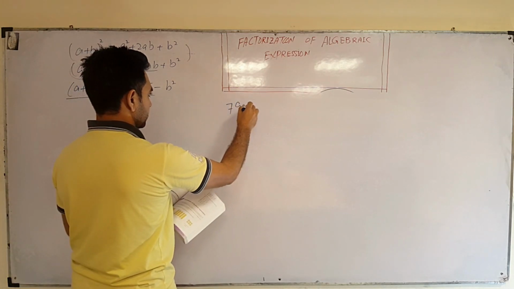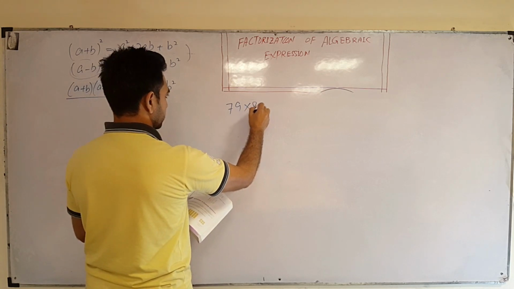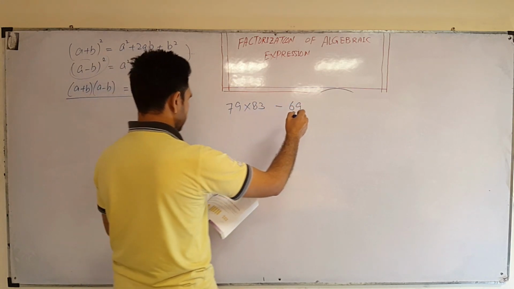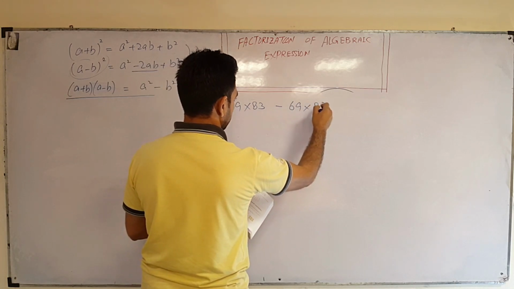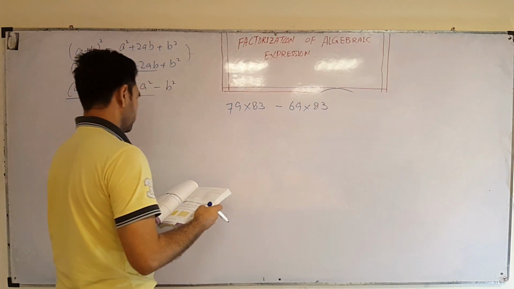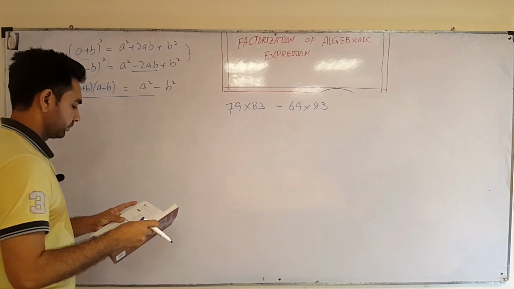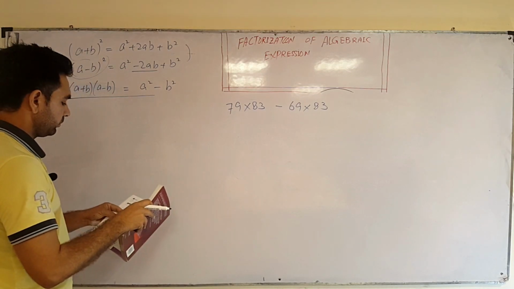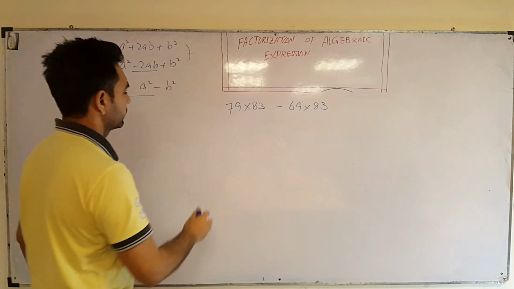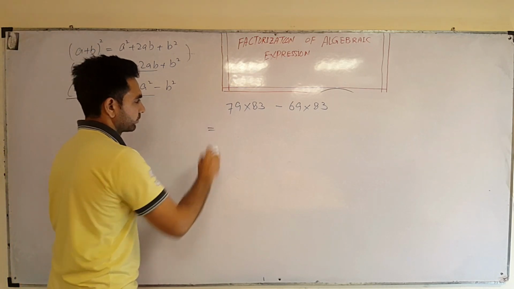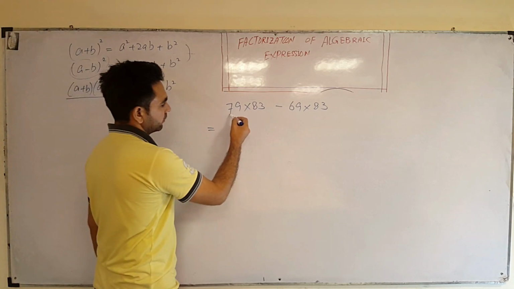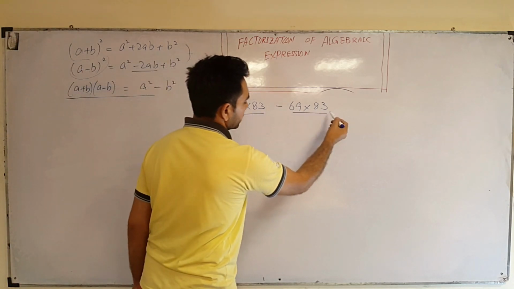Evaluate this one, 69 times 83 using factorization, right? So this is one term, this is another term.